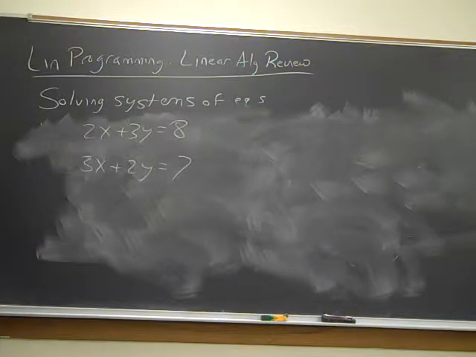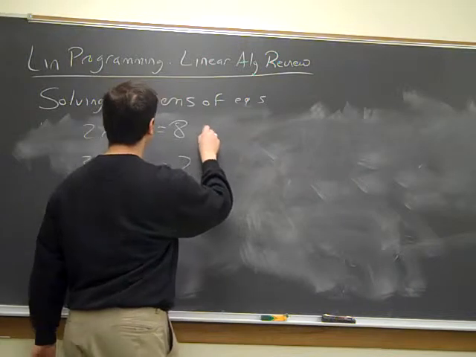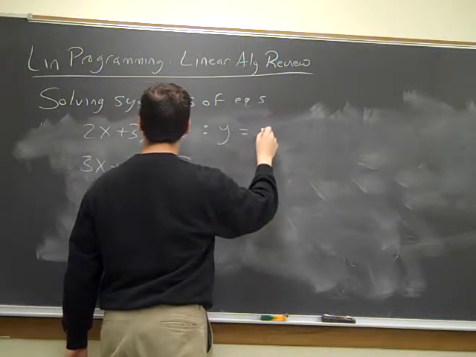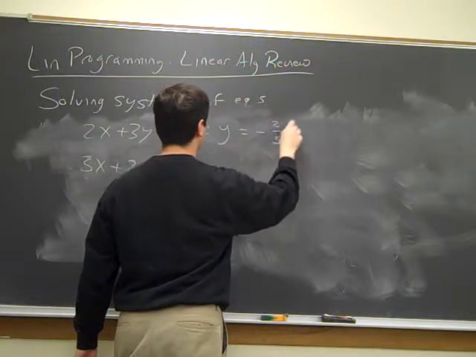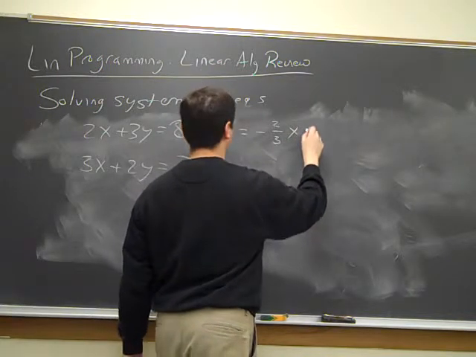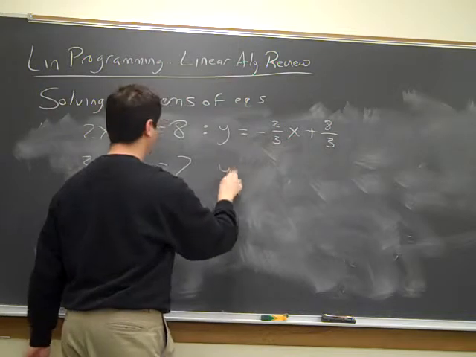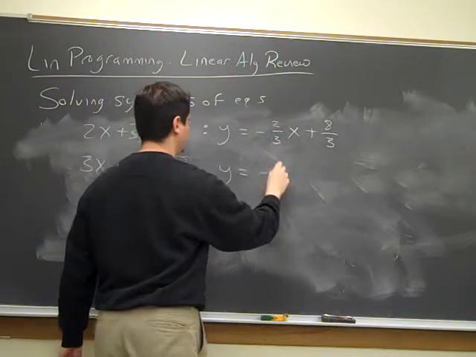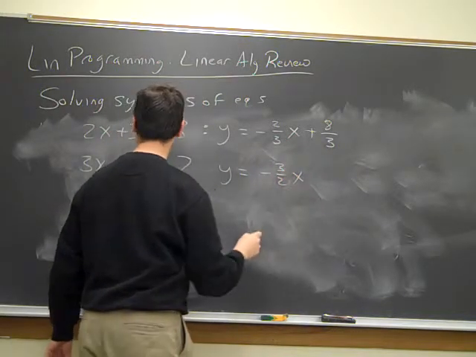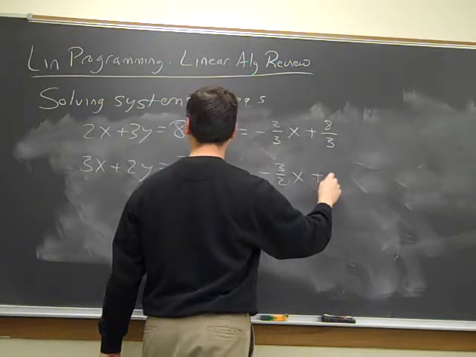So graphically, what would this be? A line. This is the same if you want to write it as y equals negative 2/3 x plus 8/3. And the second one would be y equals negative 3/2 x plus 7/2.